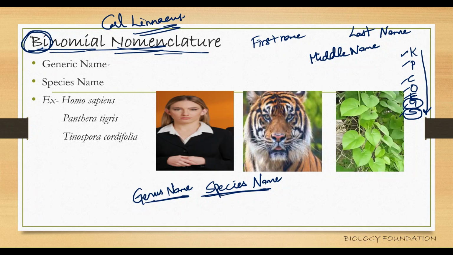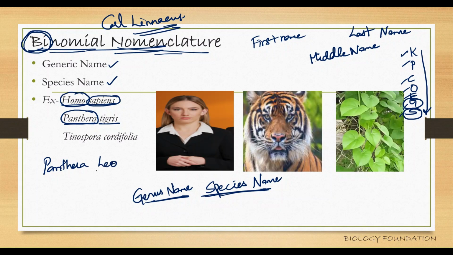Every organism has a generic name and a species name. For example, human beings, the scientific name is Homo sapiens. Okay, Homo sapiens, where Homo is the genus name, sapiens is the species name. Tiger, what is the scientific name? Panthera tigris. That means tiger belongs to the genus Panthera. Do you remember for lion, what is the scientific name, students?